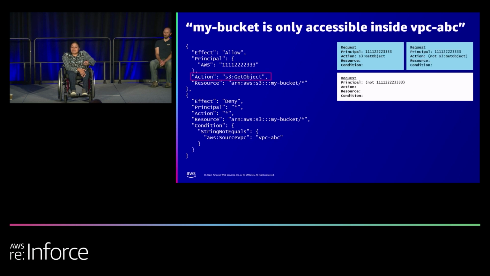We split again. We're splitting the universe. In one half, we have all the requests that match principal 1, 2, 3 and action get object. In the other half, we have all the requests that match principal 1, 2, 3 and don't match the action get object. Now the second half won't match again, so we can color it white again and set it aside.